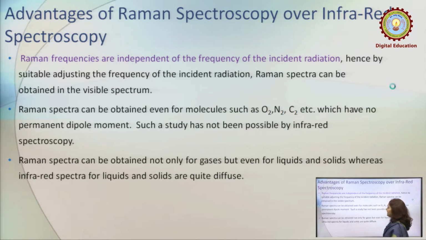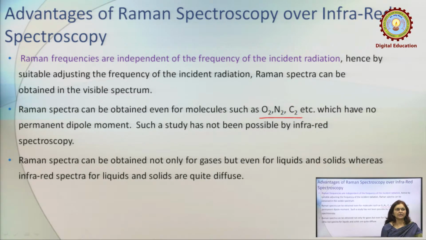Raman spectra can be obtained even for molecules like O2, N2 and C2, which have no permanent dipole moment, and such a study has not been possible by IR spectroscopy.